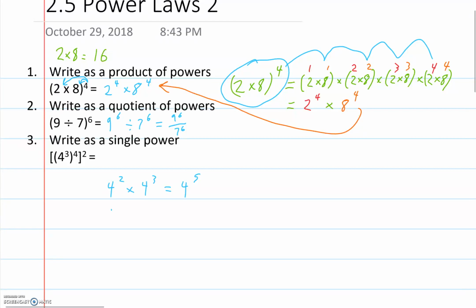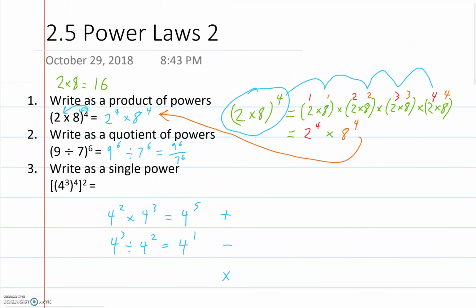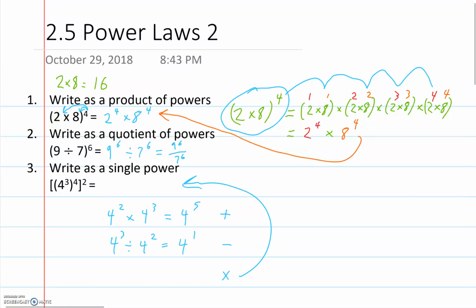The quotient law was the same thing, just slightly different: you subtract. So 2 plus 3 is 5, 3 minus 2 is 1. So far we've done adding and subtracting, and now we're going to do multiplying.